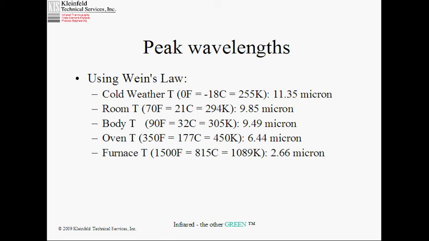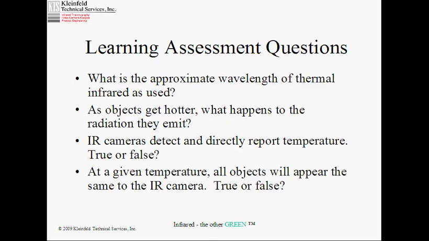And furnace temperature, where I've defined the furnace as 1500 Fahrenheit, just as a number, 2.66 microns. And you can see these peaks occur in that 2 to 20 micron range that we're kind of calling the thermal infrared. As you get hotter than the 1500 Fahrenheit, you get shorter than the 2 microns, and as you know, eventually things become visible.